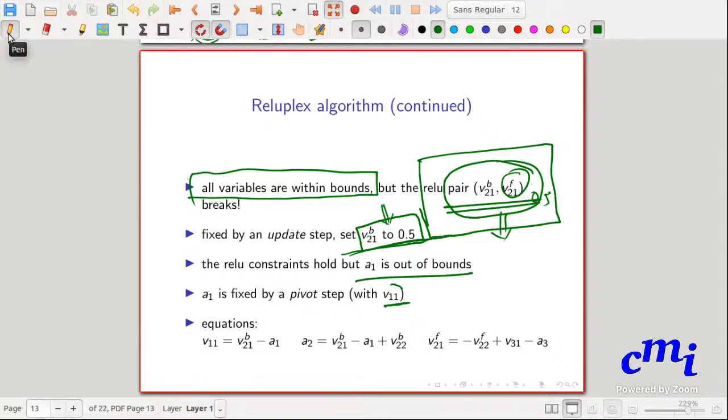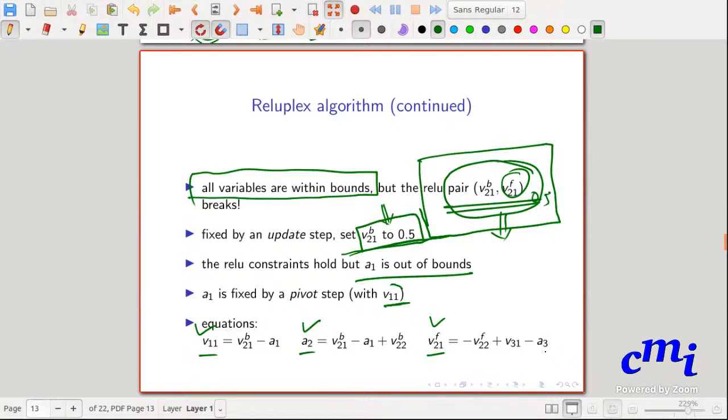So V11, A2 and V2F1 are my basic variables now, after a somewhat more involved pivot, because there's an update step also here. Now this is within the bound, this is within the bound, and this is not within the bound. But all the other ones, V2FF, V31, and A3 and A1, are all within the bounds.